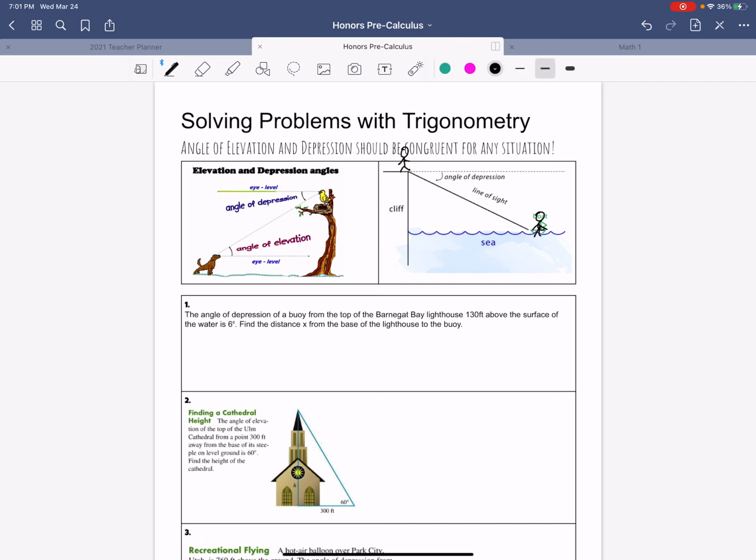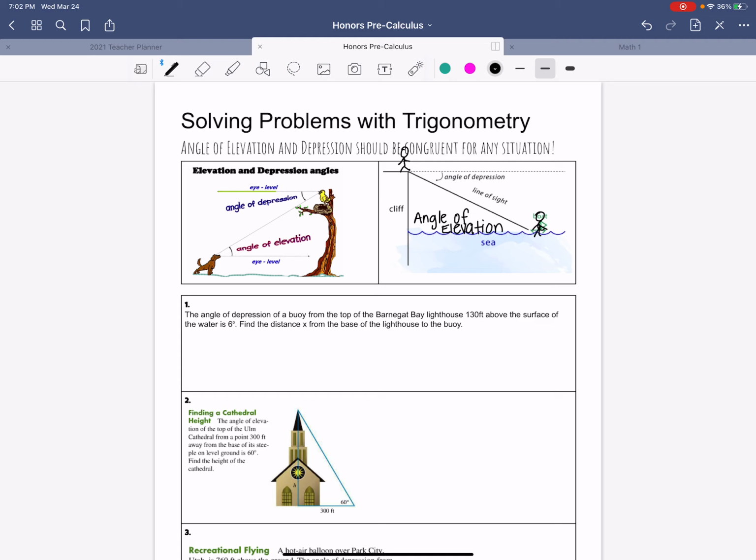So you have an angle of elevation here that is the same angle as your angle of depression of the person looking down. Depending on which direction you're looking, if you're looking down, it's angle of depression. If you're looking up, it's angle of elevation. But they are equivalent in nature and in measurement.